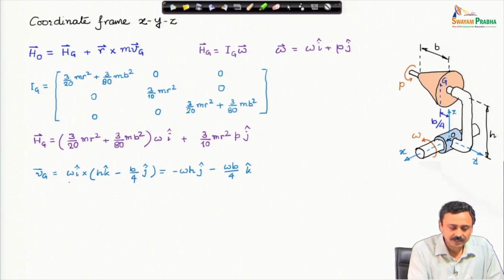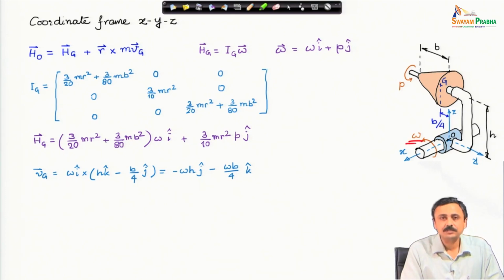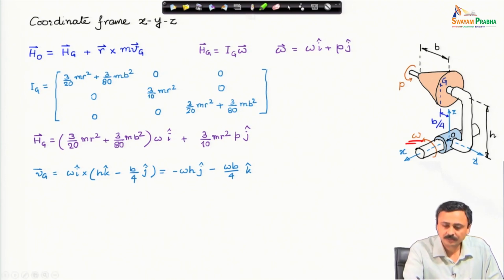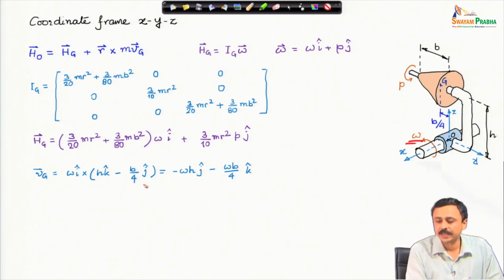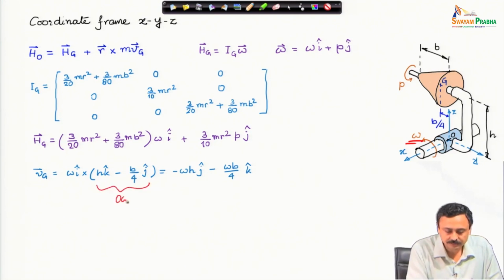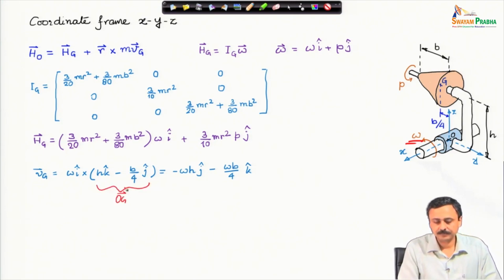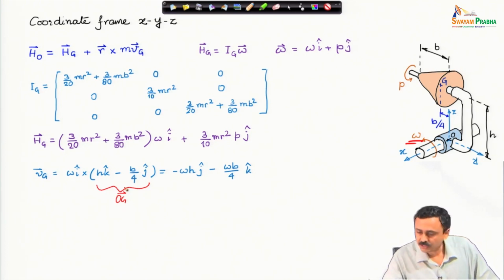Therefore, we have omega i cap cross h k cap minus b by 4 j cap, which is nothing but the OG vector.